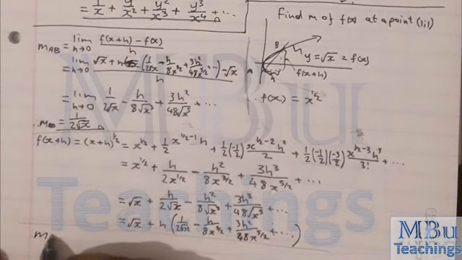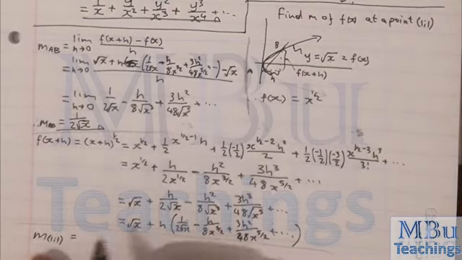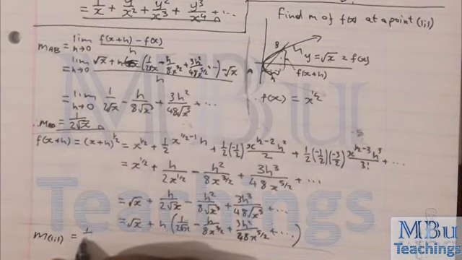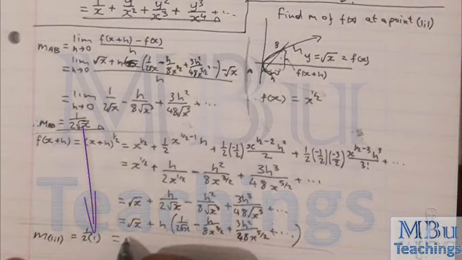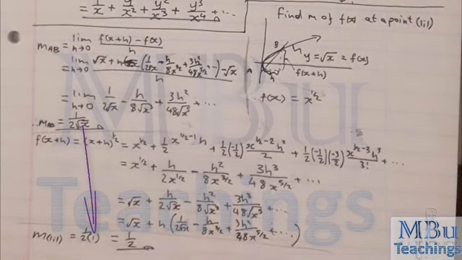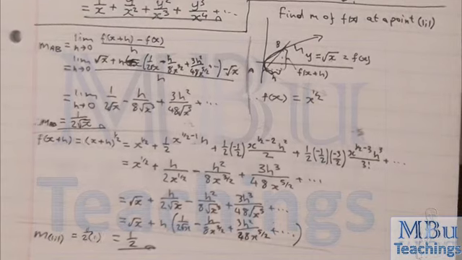M at (1, 1) is equal to 1 over 2 into 1, because now our x is 1, so you just put 1 in the place of x. Therefore, your answer will be a half. So this is how you will do this problem. Thank you.